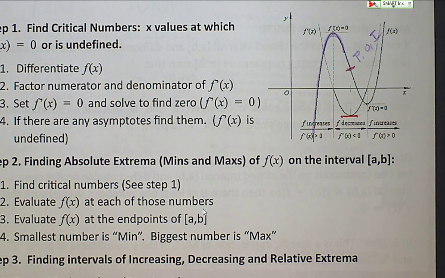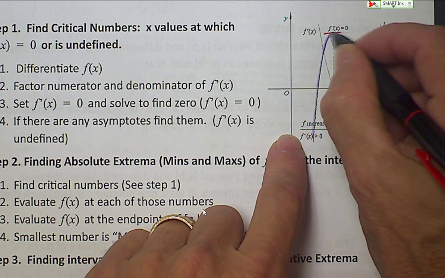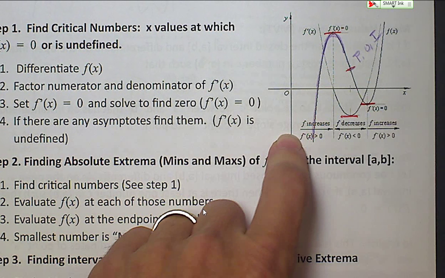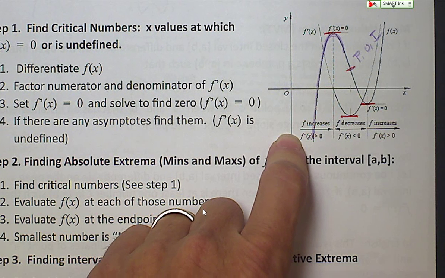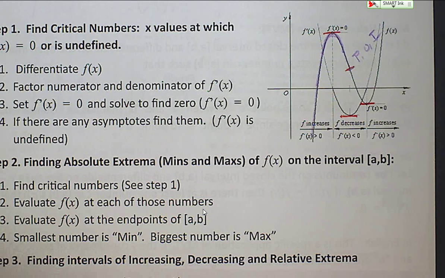When I asked you to find the max and the min of the parent, how did you find that? Make it equal to 0. Make what equal 0? The first derivative equal to 0. So the second derivative is going to tell me where the first derivative equals 0.